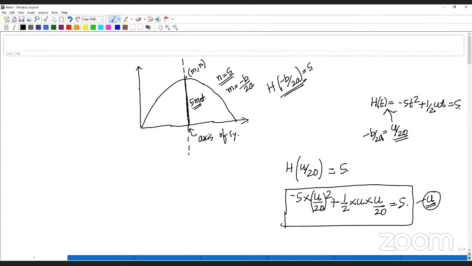And the value of u will be the answer. Yes, it's asking to calculate the initial speed u, right? So once you know the value of u, then that will give you the answer. Okay, sir.